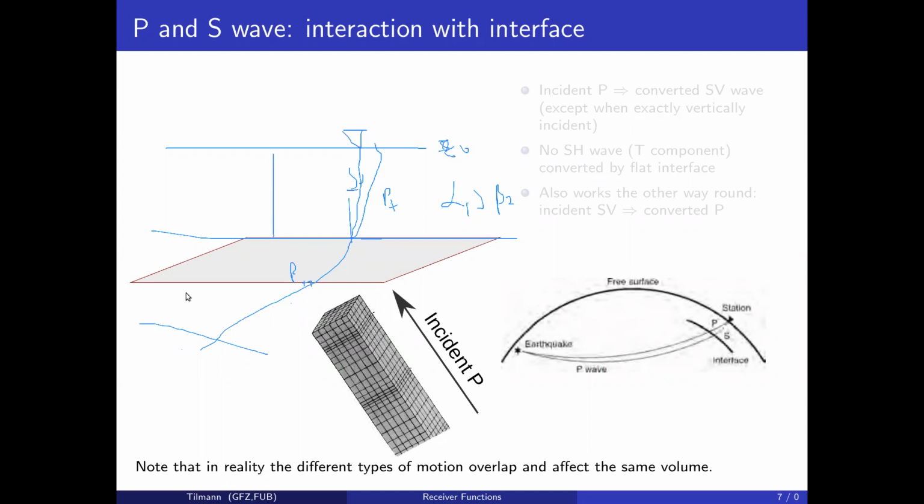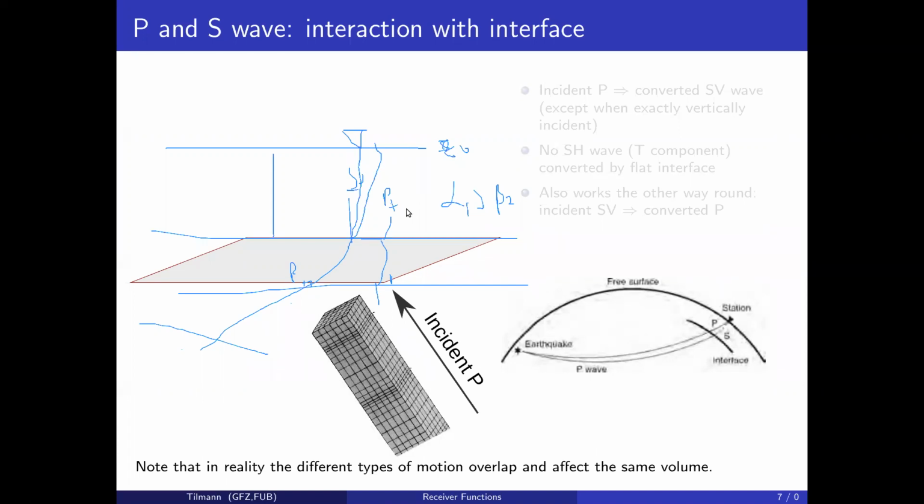And you can imagine that if there is another discontinuity here, the same principle will happen. It will generate a P and an SV, and then another P and an SV. So then it gives you a way of constraining the discontinuities.